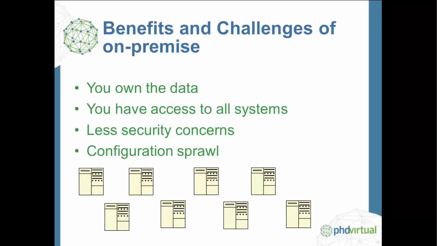And with configuration sprawl, there's constant changes to the infrastructure, right? And what you want to be able to identify is, do those changes carry over to affecting our disaster recovery plan or strategy? So if I upgrade a system or if I add a system to the production side, how does that affect my DR plan? Do I need to change my disaster recovery testing?